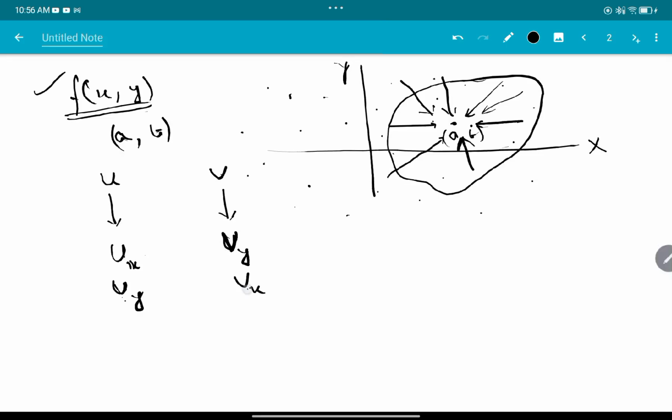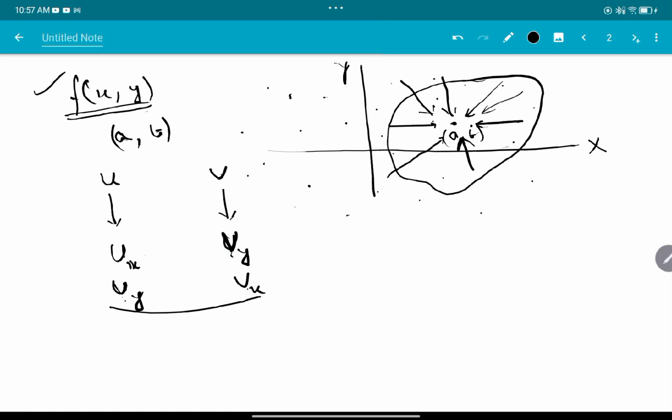Now, if u and v are continuous, the unique and strange condition here for the differentiability of a complex function is that not only must the partial derivatives exist, they must also be continuous.